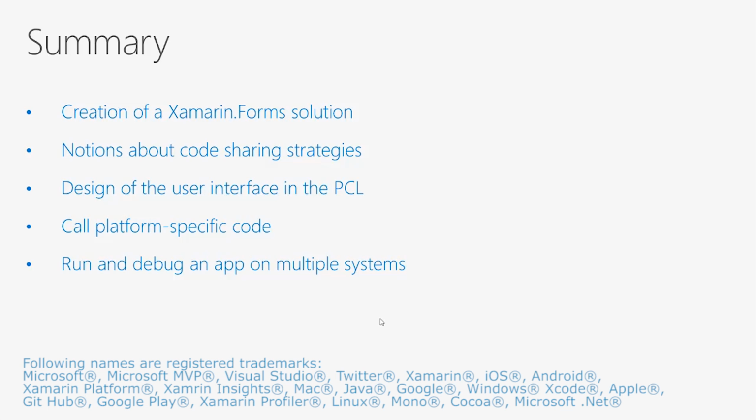Then we have seen how to design the user interface and how the XAML markup and the imperative code reside in the PCL portable class library project. We have made an overview of how to call platform-specific code from the PCL, and finally we have seen how to run and debug an application on multiple systems, in this particular case with the help of different emulators for Android and Windows 10.